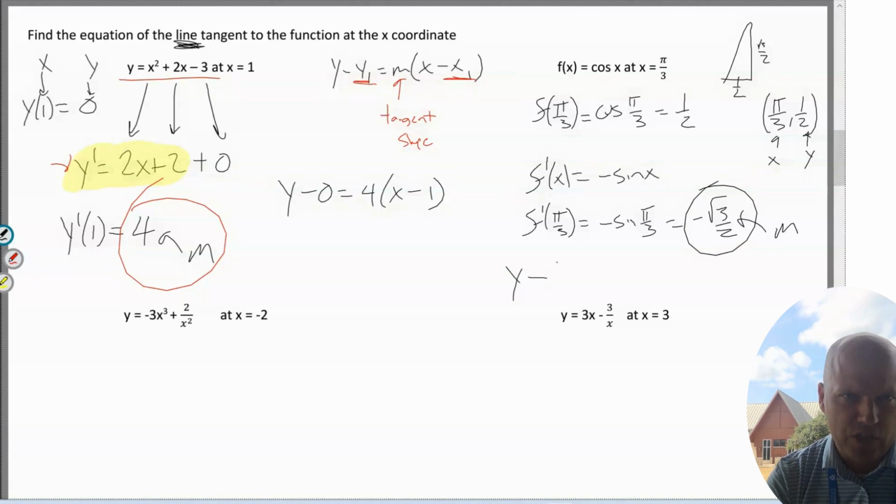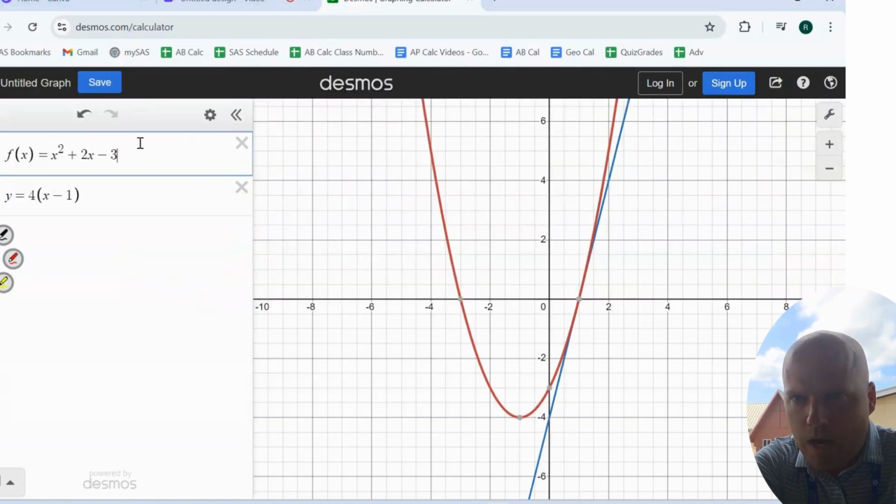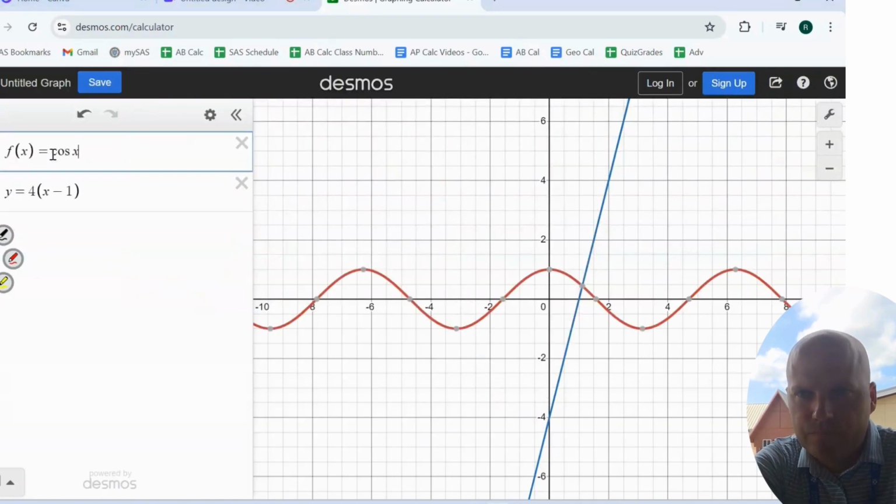Here's the visualization of what we just found. Y minus a half equals negative root 3 over 2 times x minus pi over 3. Let's see it because it's fun to see. Y equals cos x.